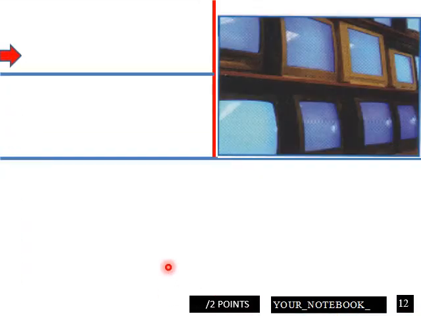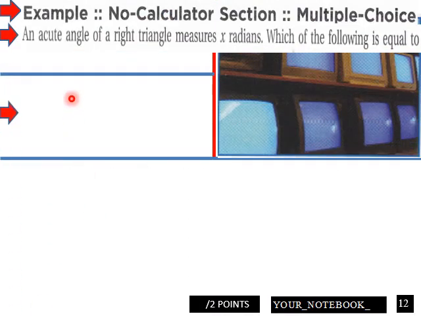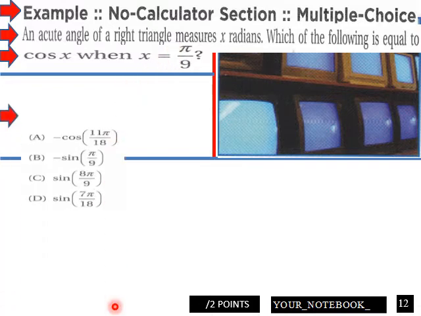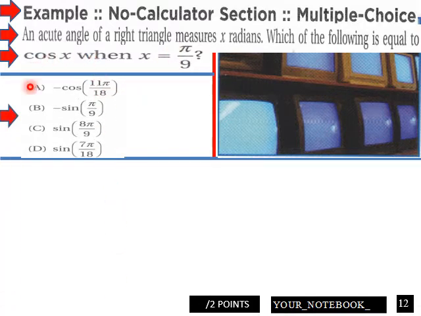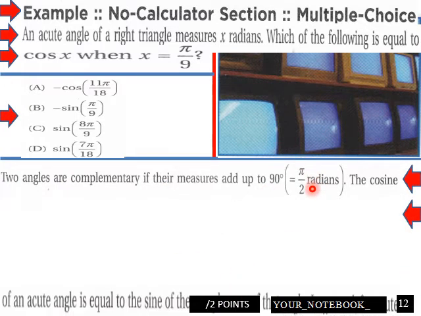And then page 12 of this says, in the no calc section, multiple choice: an acute angle in a right triangle measures x radians. Which of the following is equal to cosine x when x equals pi over 9? Here are the possibilities. Two angles are complementary if their measures add up to 90 degrees, otherwise pi over 2 radians.